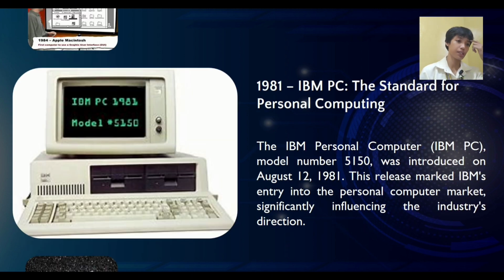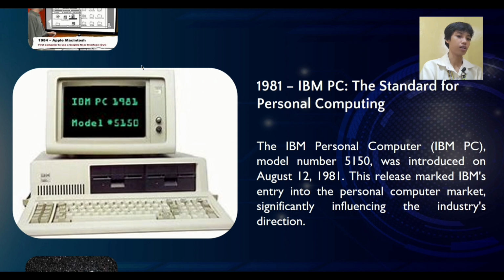And the next is the IBM PC, invented in 1981 and called the standard for personal computing. So if before the computer was much bigger, this time it is very small already, since it uses a microprocessor. This time you can only see this one.